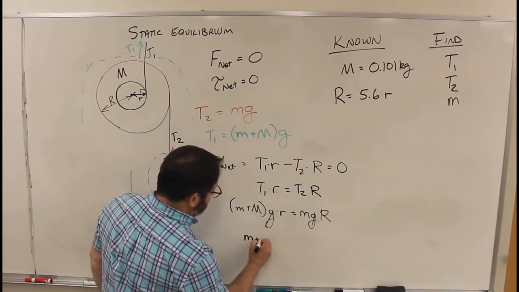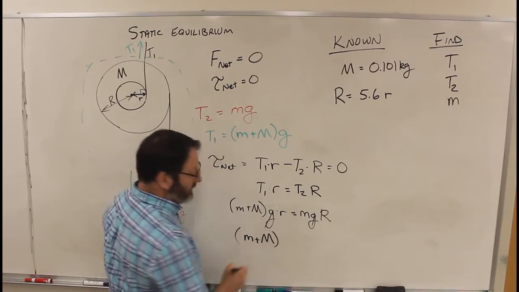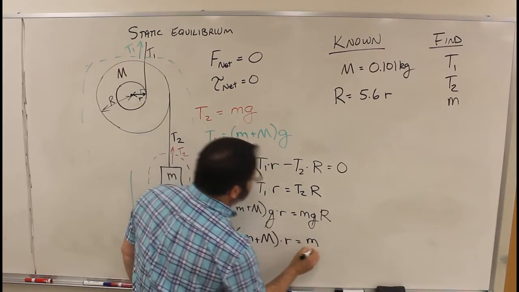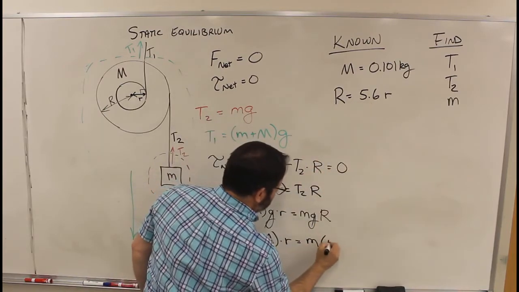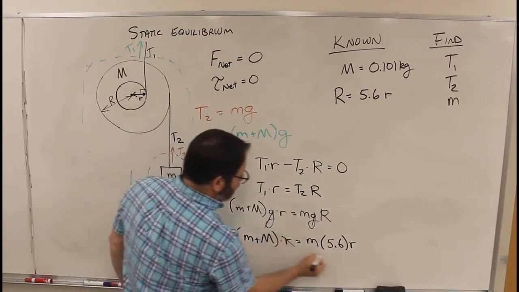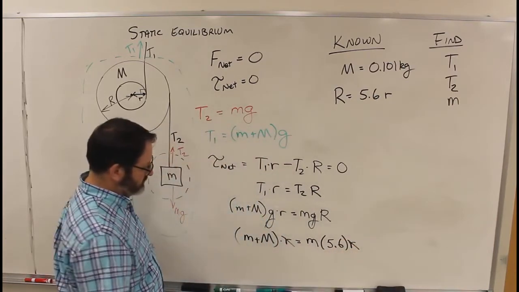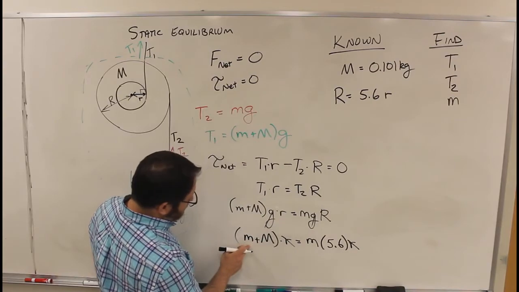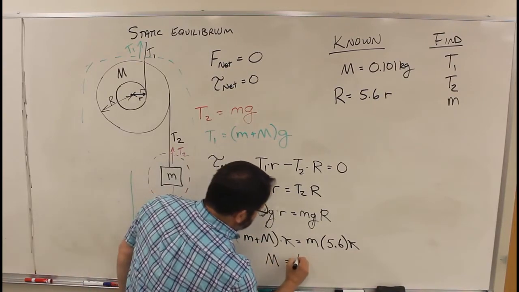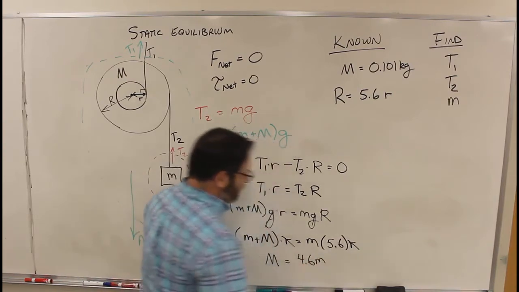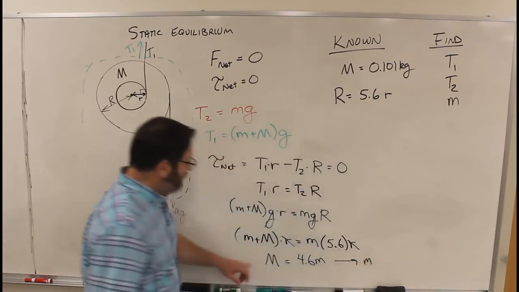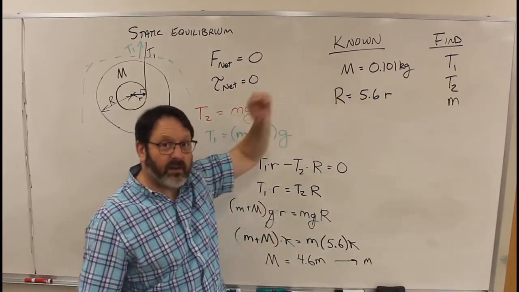So little m plus big M times little r is m times 5.6 little r. Now the little r's go away. If we subtract the one little m from each side, then we get big M equals 4.6 little m. And we know big M, so now we can find little m.